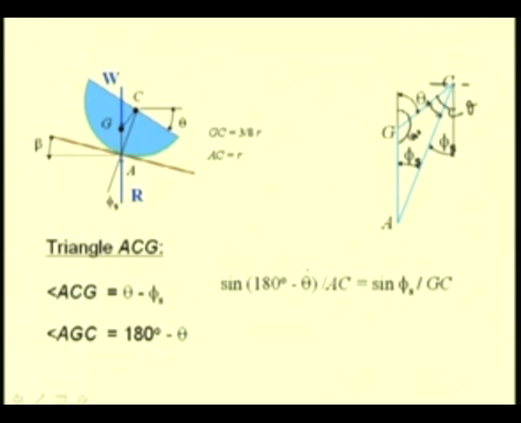So, we take this angle opposite to this edge AC: sine of 180 minus theta divided by AC equals sine of this angle phi s divided by this length GC. Since we know these dimensions GC and AC, and we know this angle phi s, from this we can determine this theta, and the same has been determined as 50 degrees.